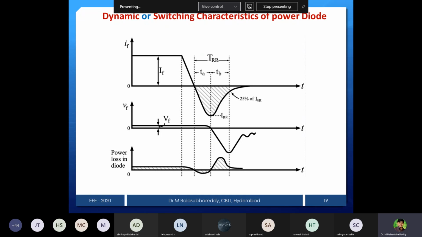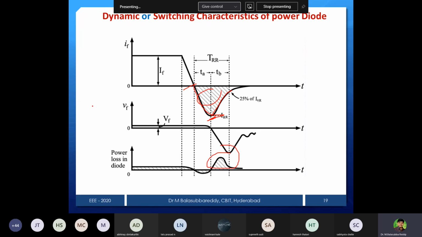We divide that interval into two parts: one from zero forward current to the maximum reverse recovery current, and then from the maximum to 25% of the rated current. During this interval we can see the losses.